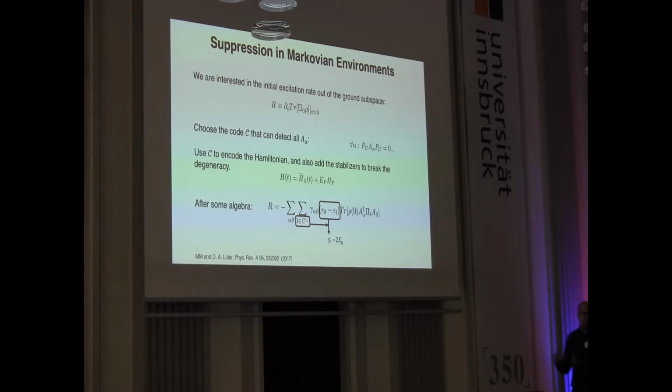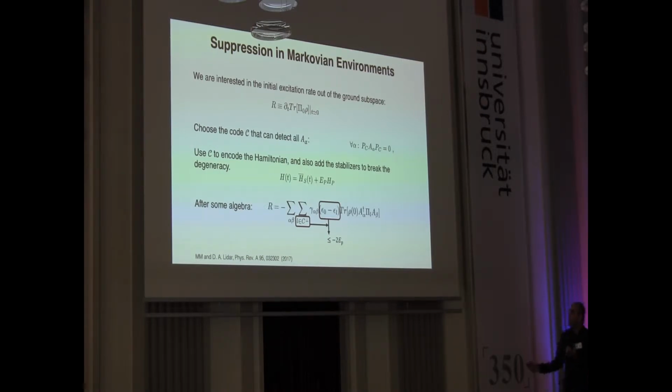They are in C perp, they are not in C. So the only way that the environment can excite the system is if it provides enough energy to excite us to the outside of the code space. It can't produce evolution inside the code space. First, it has to give us enough energy to go out.